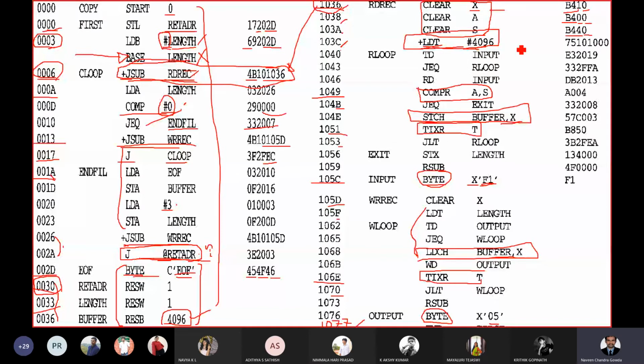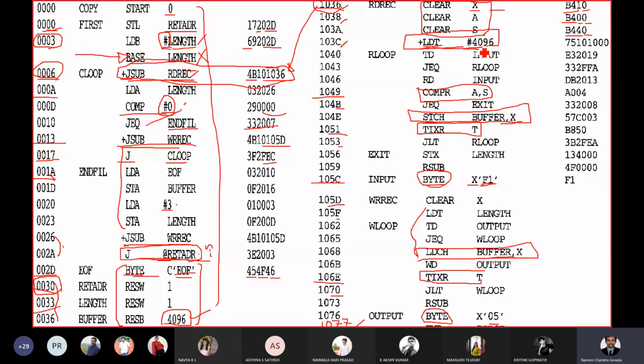It is 4096 itself, which is a number. It's not a memory location. It is a constant number. So that 4096 itself will act as the address, and that 4096 will be represented in hexadecimal. When you represent 4096 in hexadecimal, it is 1000. And that 1000 is 16 bits. To make it 20 bits, we will write it as 01000.